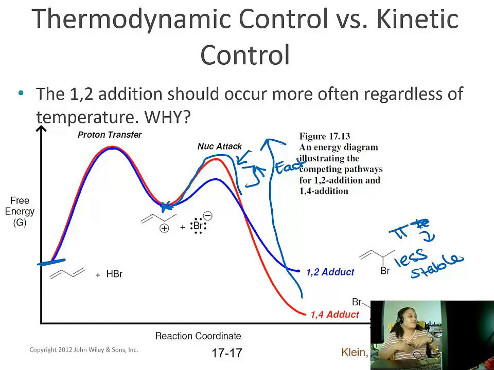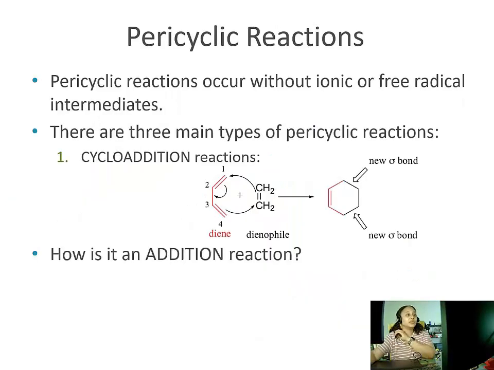If I open the playing field and say everybody can use a cheat sheet like you did on test number 2, then everybody has the same opportunity. There's no activation energy anymore. Then it's the most stable product that's going to form, okay? And so we saw something like that in the previous unit.